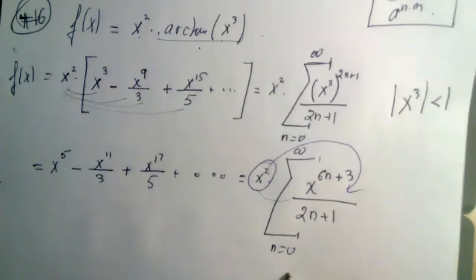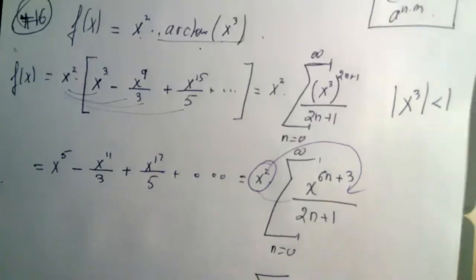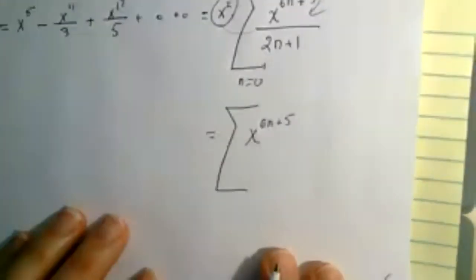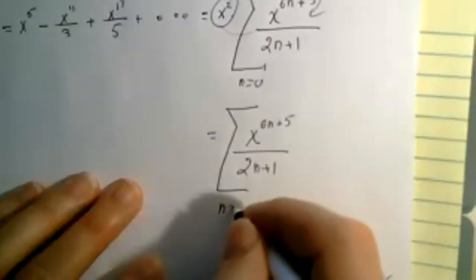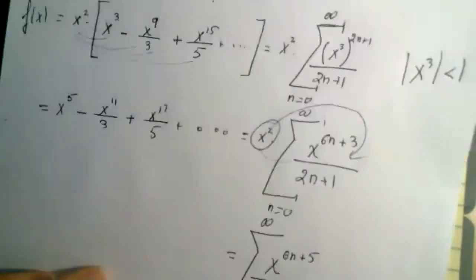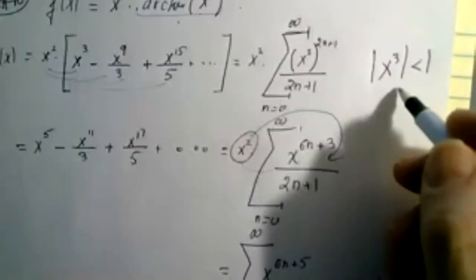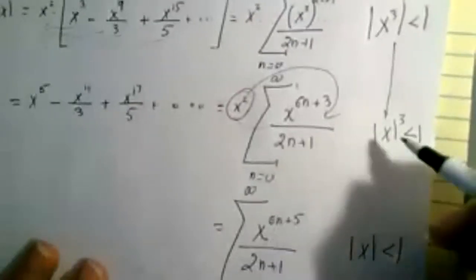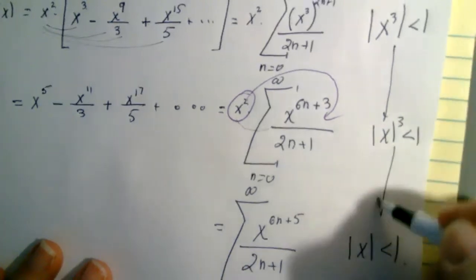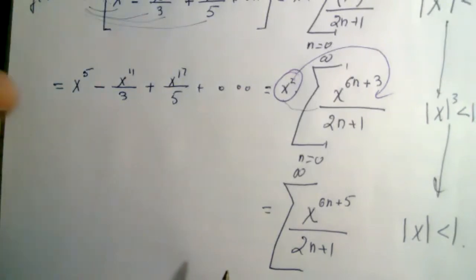So now the distributing process is going to give me the sum of x to the power 6n plus 5 over 2n plus 1, n equal 0 to infinity. And this holds when the absolute value of x is less than 1. Why absolute x? Because absolute x cubed less than 1 means, if absolute x to the power 3 is less than 1, absolute x itself is less than 1. And that's going to give me the power series representation of this function.